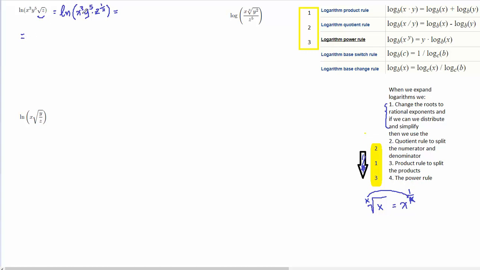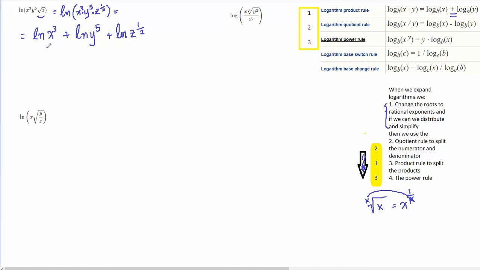As you can see, I have a total of 3 factors right here, so I'm going to split that into 3 logarithms. ln of x to the third, plus, the product rule is here so I'm using a plus, ln of y to the fifth, plus ln of z to the 1/2. And I'm done with the product rule.